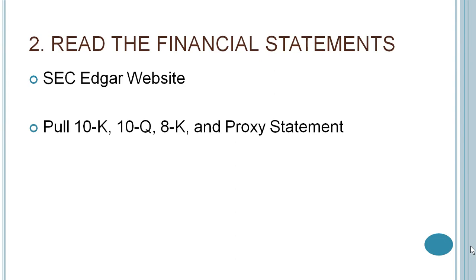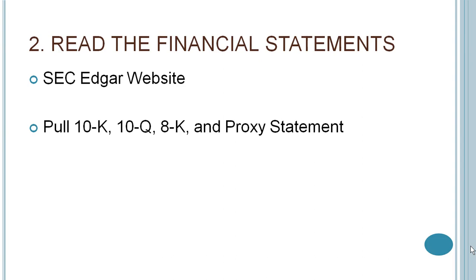What you really want to do is pull the 10-K, which is the annual report, the 10-Q, which is the quarterly report, the 8-K current report, and also the proxy statement. With the 10-K, I want to read at least the last 2 years of annual reports. For the 10-Q, most of the time I like to read the latest 2 quarterly reports.